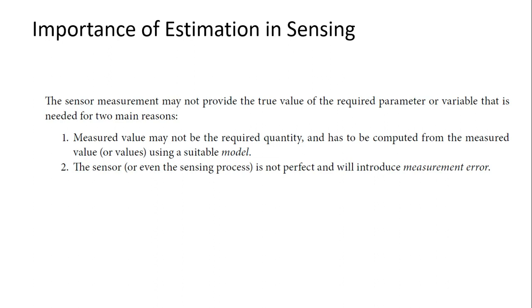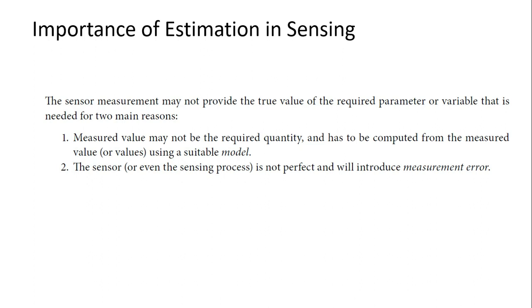Importance of estimation in sensing. The sensor measurement might not provide the true value of the required parameter or variable, for two main reasons. Number one, the measured value may not be the required quantity and has to be computed from the measured value or values using a suitable model.